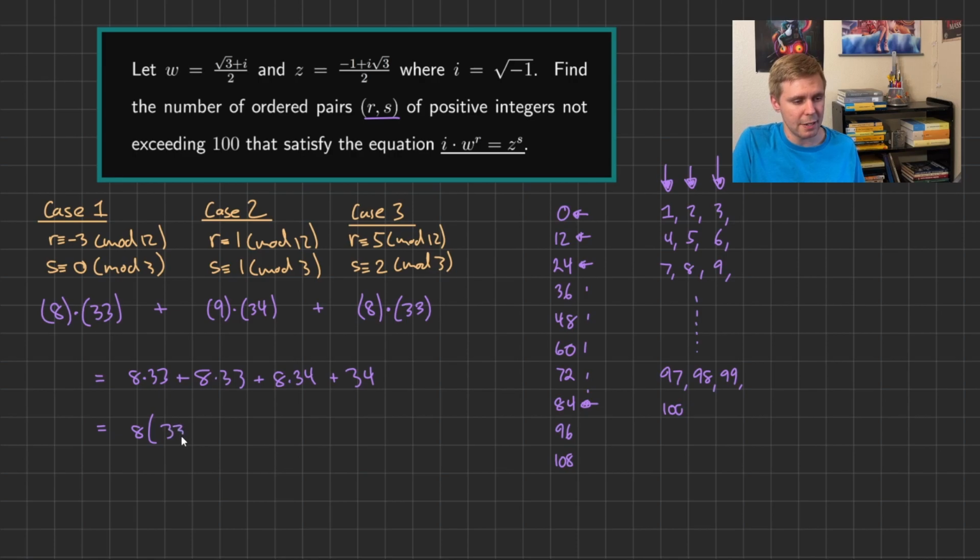So I get 8 times 33 plus 33 plus 34, plus this last 34 here. Well, this inside the parentheses is 100, so that's 8 times 100, which is 800, and then you add 34, so this gives you a total of 834 pairs r, s, where r and s are between 1 and 100, and such that r and s are solutions to this equation.